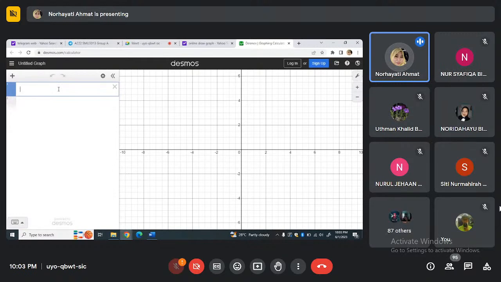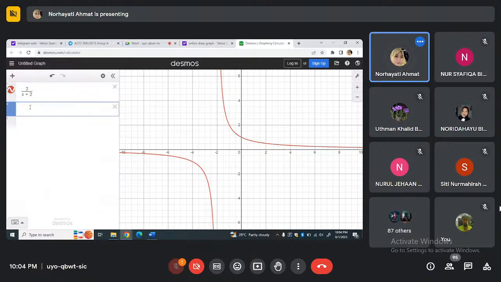Okay, and simplified function, we have 2 divided by x minus 2, right? X plus 2. Okay, so this is 2 over x plus 2. Okay, how about the original function?